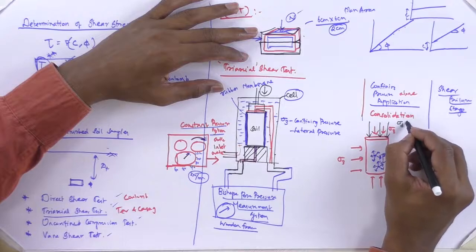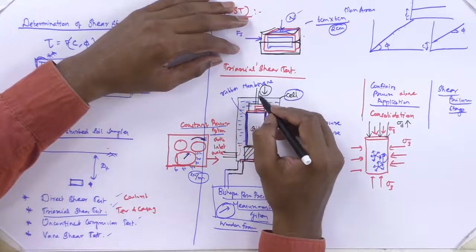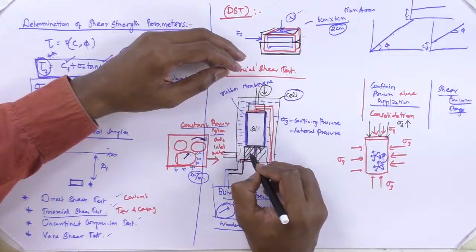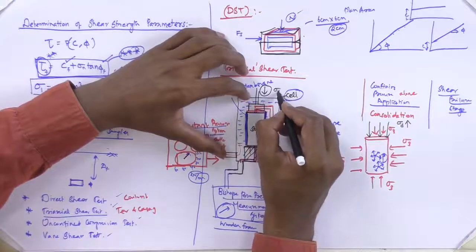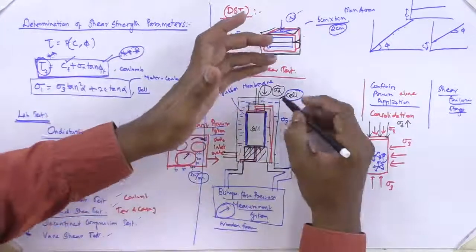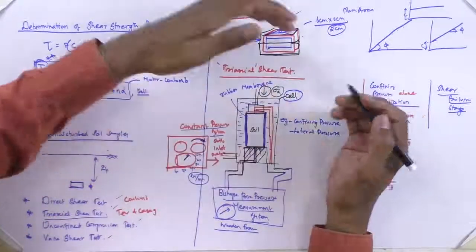Actually it is deviating stress. This is a load that you are applying. Here also load will be generated. So sigma d is going to deviate the sample, so we call it a deviating stress.